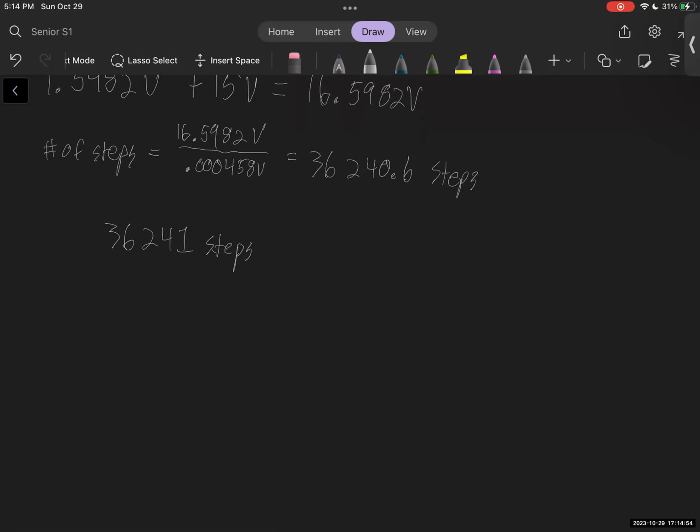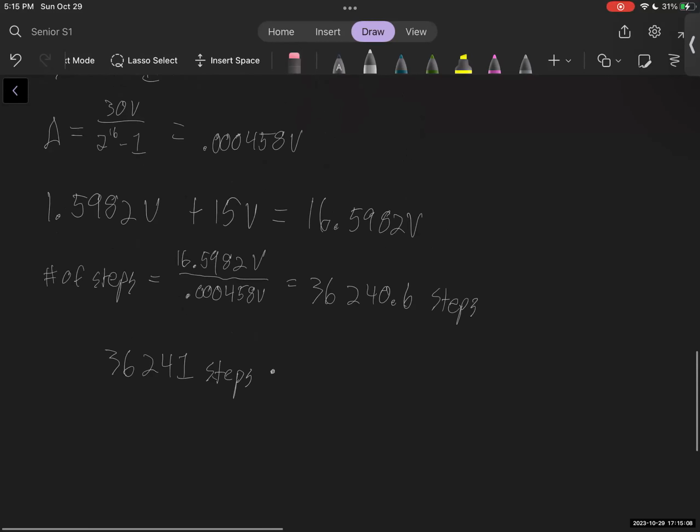And that's the number of steps it takes to get to our input signal. So now we want to find the actual value at that number of steps because we rounded it. The way we do that is by multiplying by the step size once again.